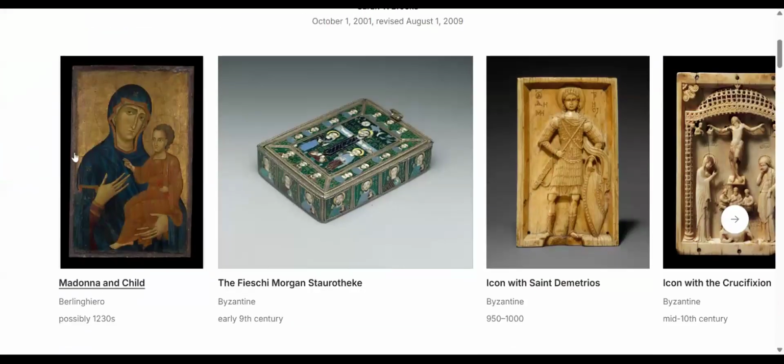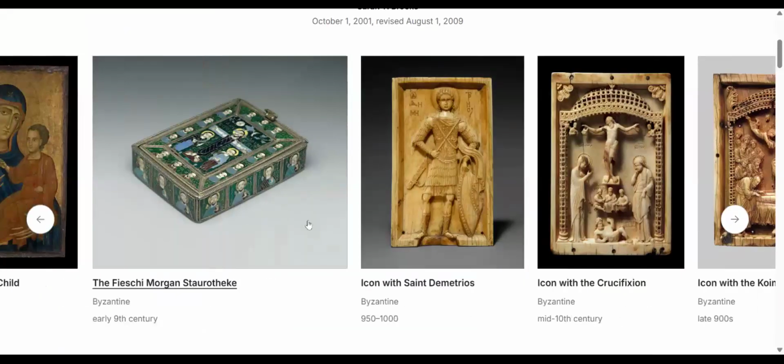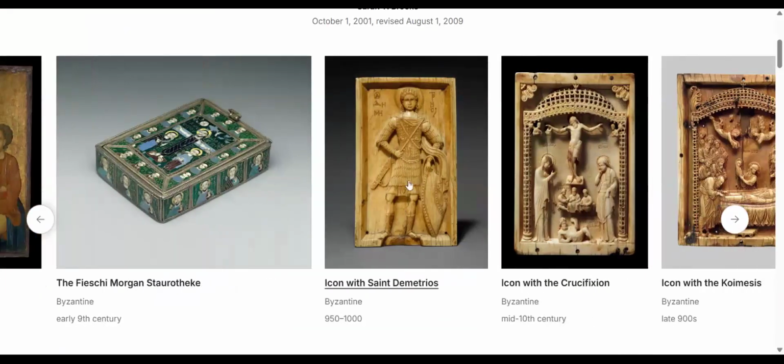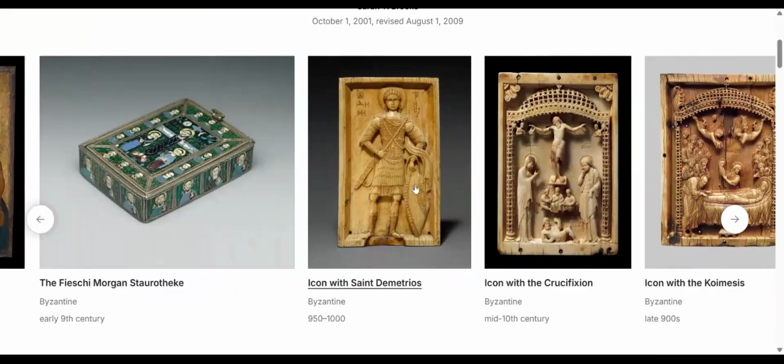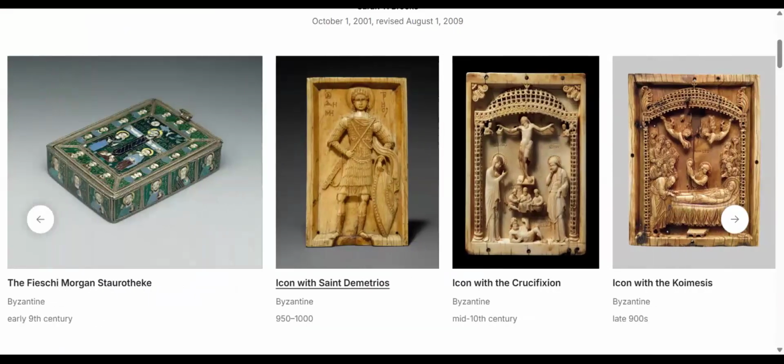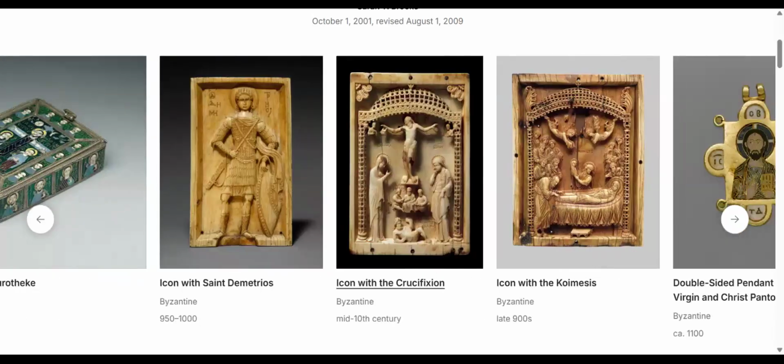So these are icons. They are plaques or paintings that celebrate people that have been so good in their lives that they form a special sacred connection with heaven. And for lack of a better phrase, they have the ear of God.